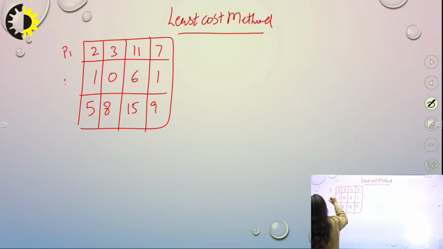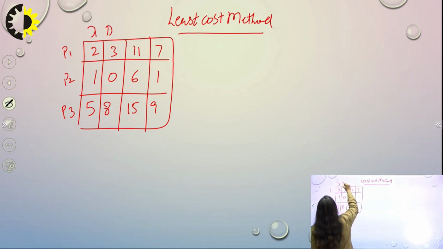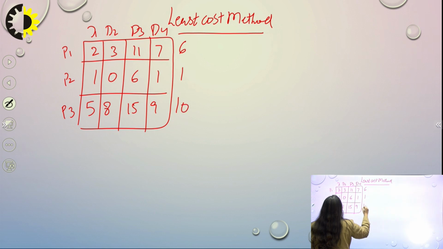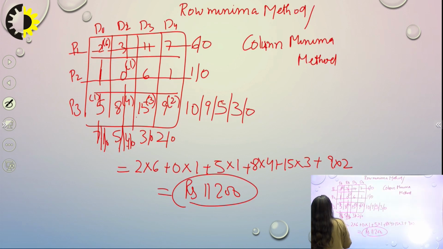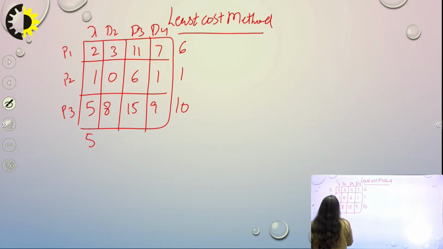Similarly, plant 1, plant 2, plant 3, and distribution center 1, 2, 3, and 4. And similarly, supply is 1, 6, 10 and demand is 7, 5, 3, 2.